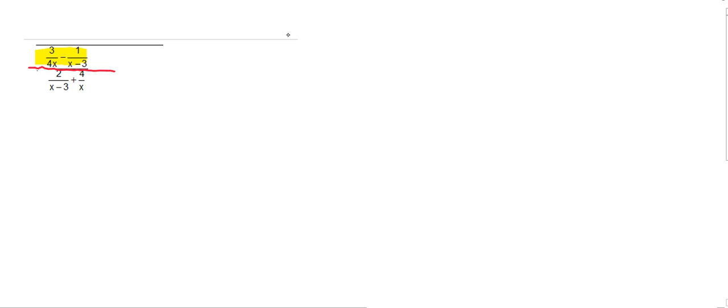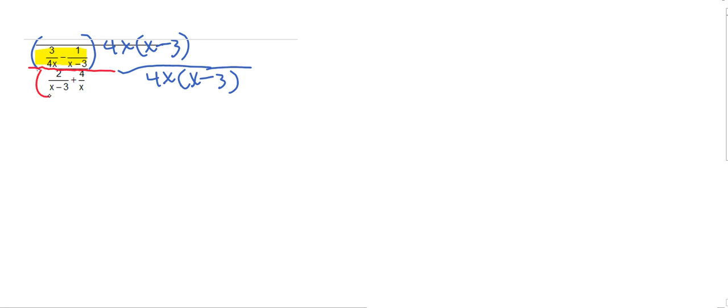So we have 4x times x minus 3 over 4x times x minus 3. And we're going to distribute to the top, and then we'll distribute it down to the bottom here.